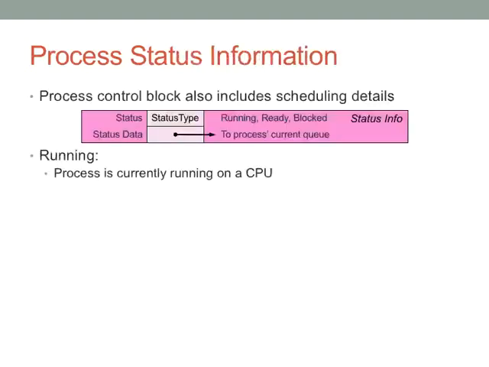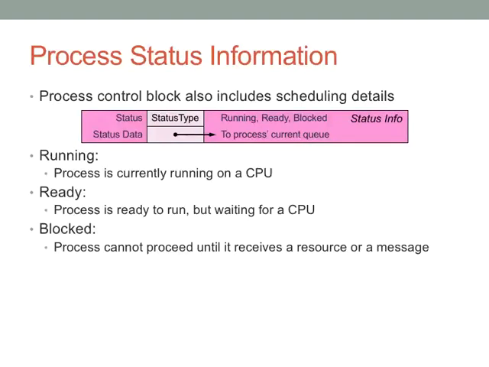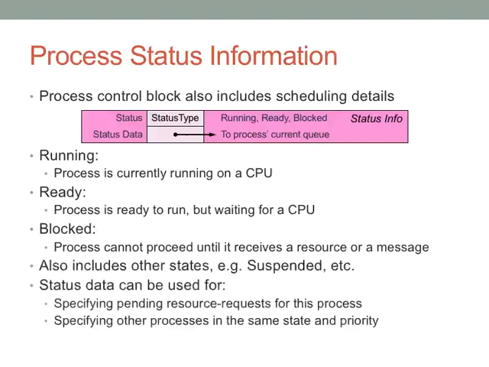Now there's also scheduling details, so we have these kinds of states, which we already talked about, basically saying, what is the current status of the program? Can it actually run if I gave it a CPU? Is it blocked on some device? And of course, there's various other details as well that we might want to record, like what's its behavior, so that we can do scheduling and so forth.